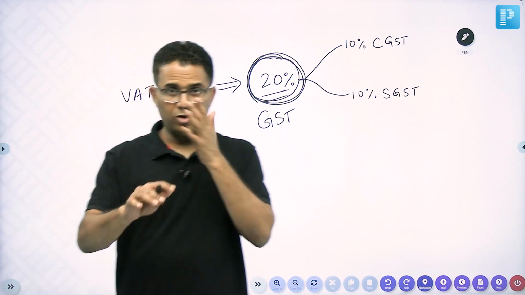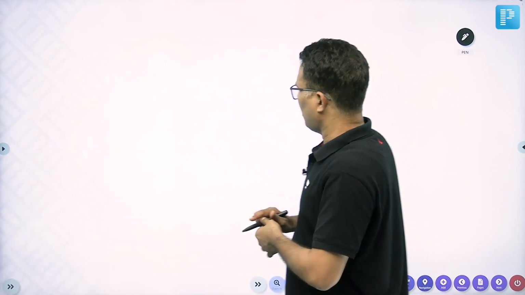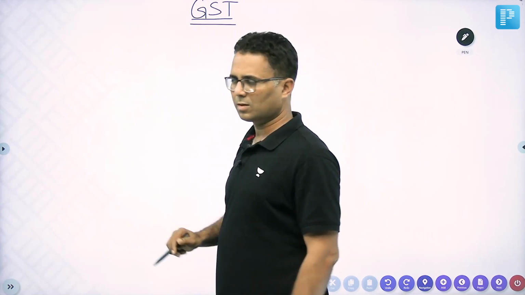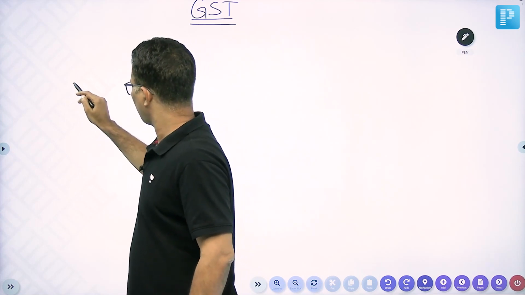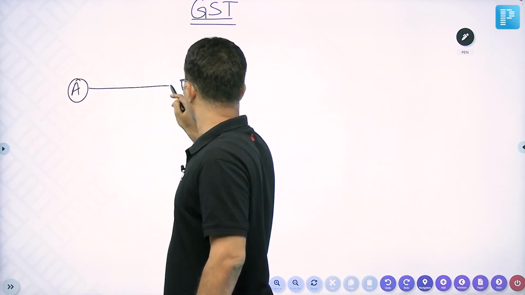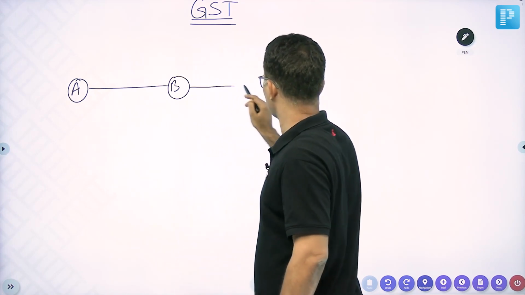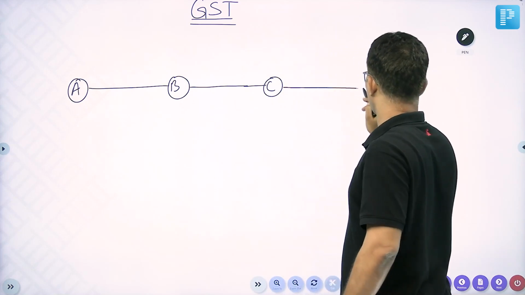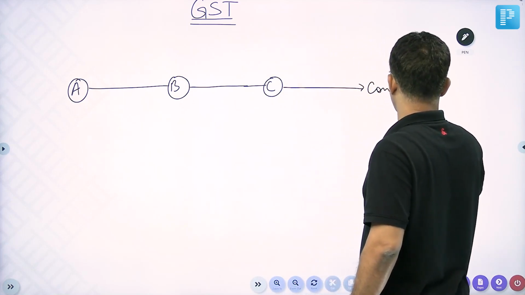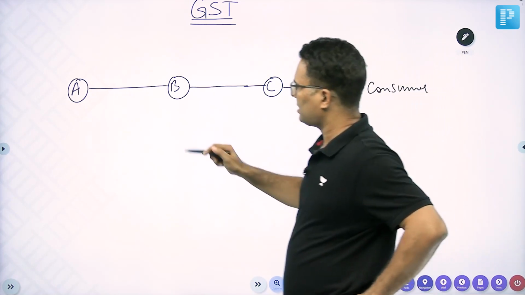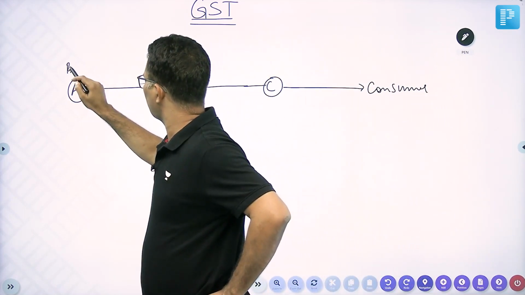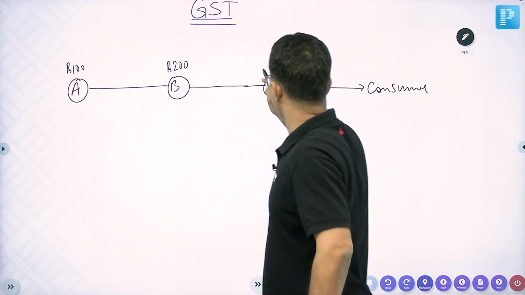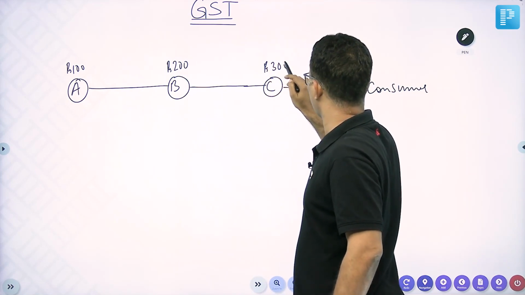Now let me take an example of GST. So A, B, C, consumer. Let's say A's value addition is rupees 100, B's is 200, C's is 300.